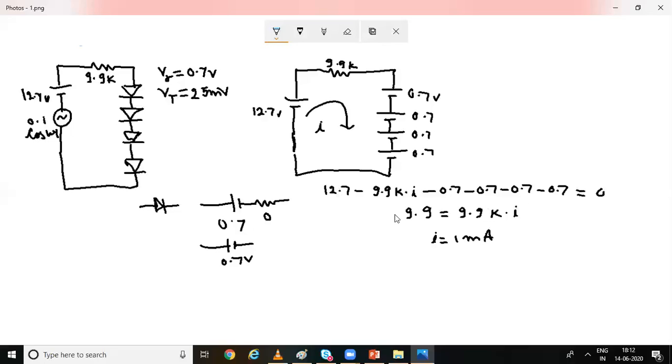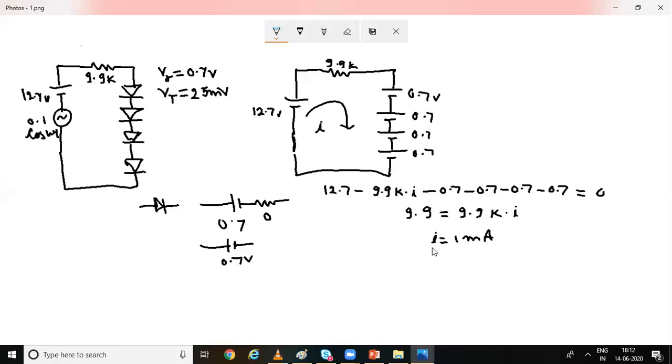After applying the KVL, I got the diode DC current, which is 1 milliamp, correct? So this is a diode DC current of 1 milliamp. This value will be used in the AC analysis, correct? So DC analysis is over here.